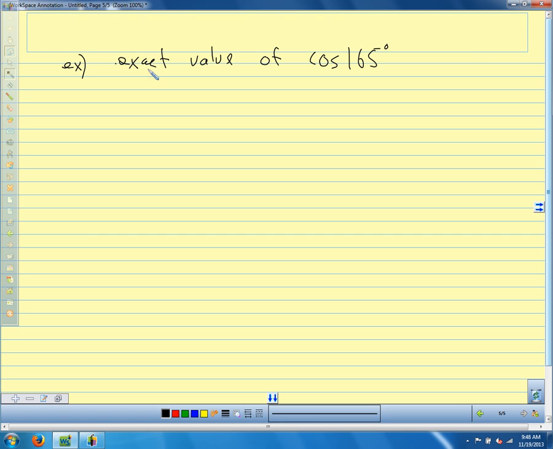Anybody have an idea? Yeah. Nice. So 165 is 330 degrees divided by 2. So what we're trying to find is the cosine of 330 degrees divided by 2.